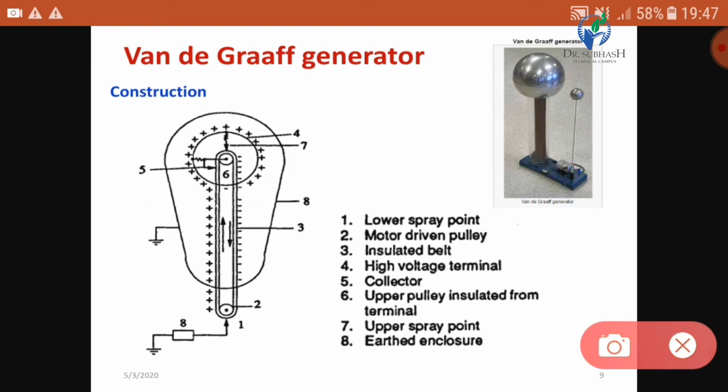So from lower points positive charge will travel through this belt up to upper point, and number 5 is collector. So charge is collected from the collector at upper spray point and it is spread in the hollow sphere. So this way the charge is spread in the hollow sphere and very high voltage is generated.